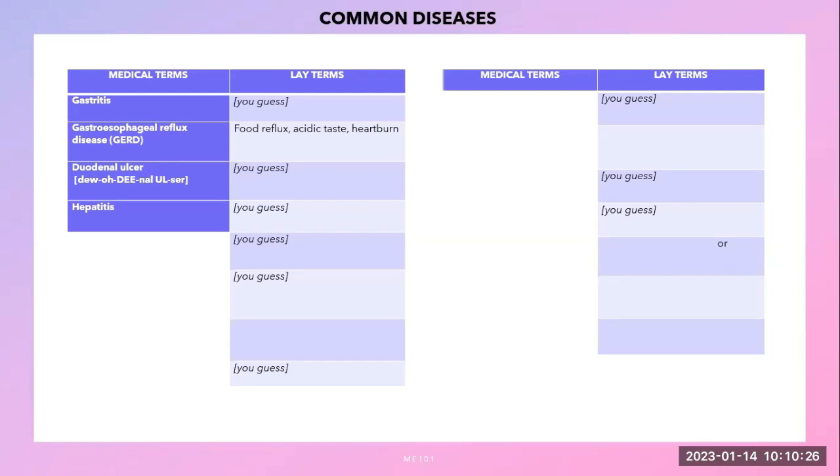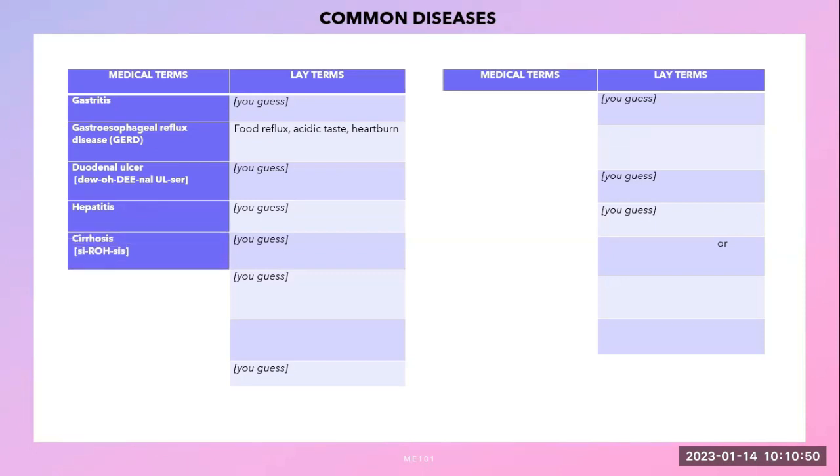Hepatitis B. Have you ever heard about that? Hepatitis A, hepatitis B, hepatitis C. That's just the short word. Actually, we have to use viral hepatitis B, viral hepatitis C, something like that. But hepatitis means inflammation.